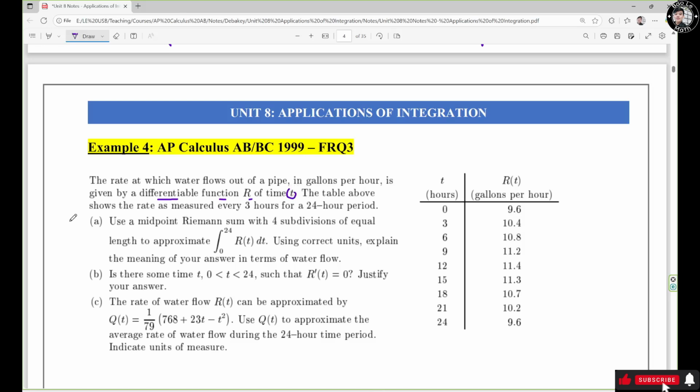The table above shows the rate as measured every 3 hours for a 24-hour period. Now, question A. Use a midpoint Riemann sum with 4 subintervals of equal length to approximate the integral from 0 to 24 of r of t dt. Using correct units, explain the meaning of your answer in terms of water flow.